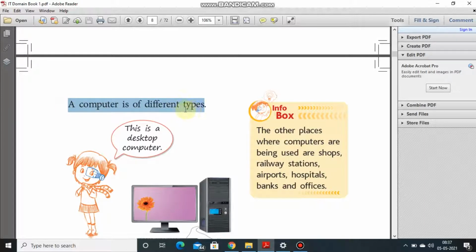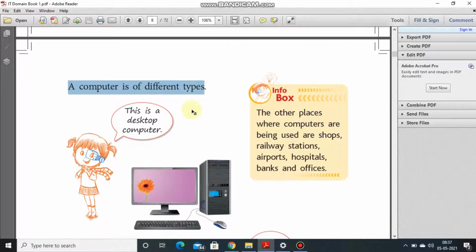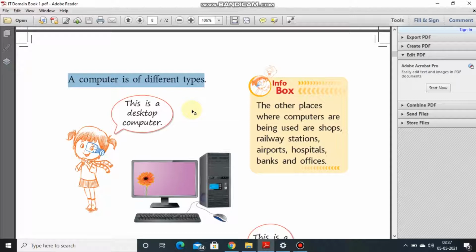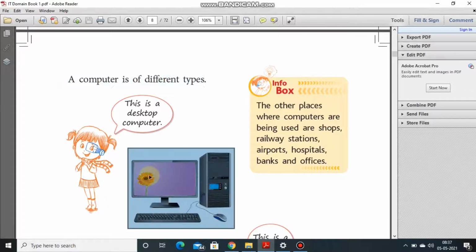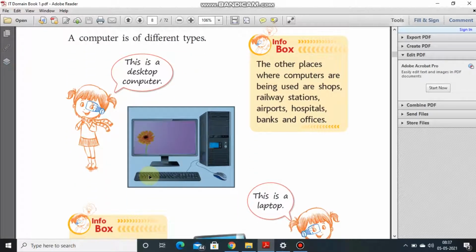A computer is of different types on the basis of their size. Like the picture which sir has drawn on the board, it consists of a monitor, CPU, keyboard, and mouse.